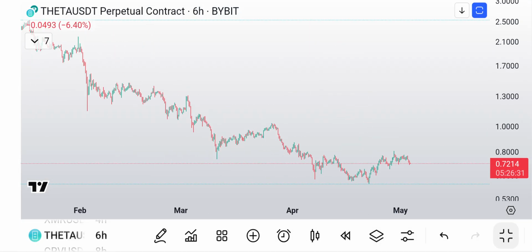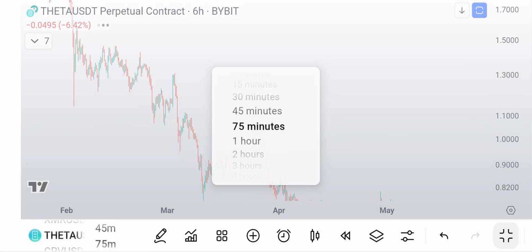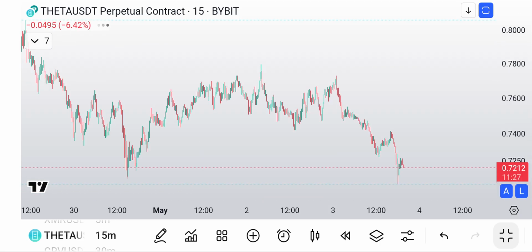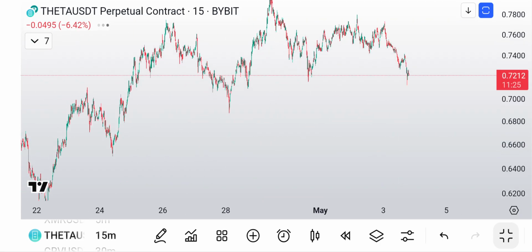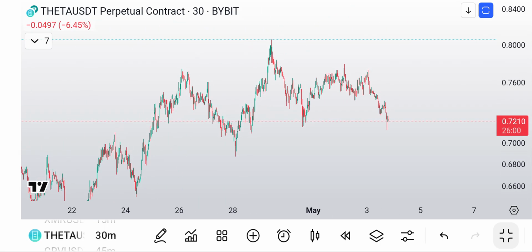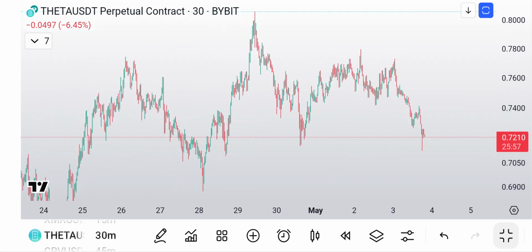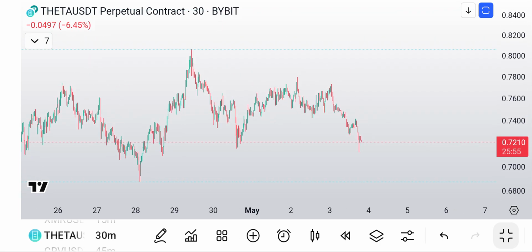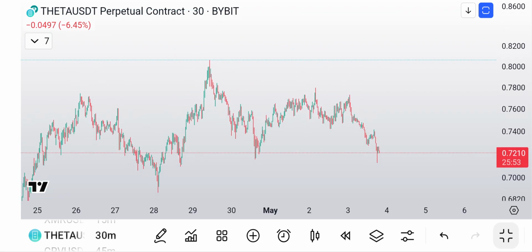So let's look a little closer on the smaller time frames. Why not? So the smaller time frames, there's really not much here. I mean, you could kind of see 1 2 3 4 5 A. You could see 1 2 3 B. And this looks like 1 2.